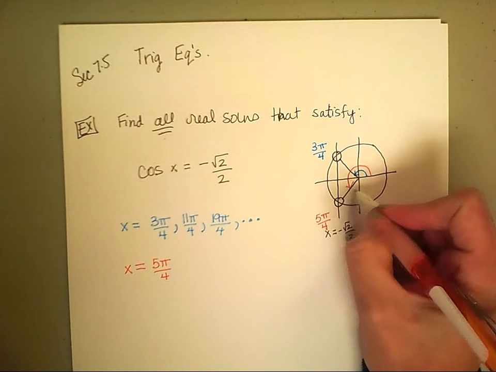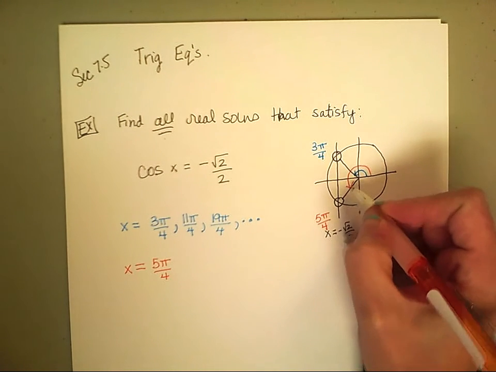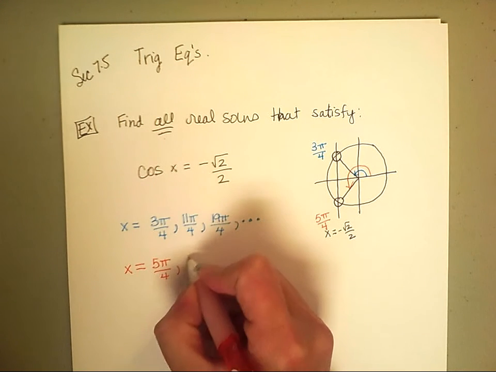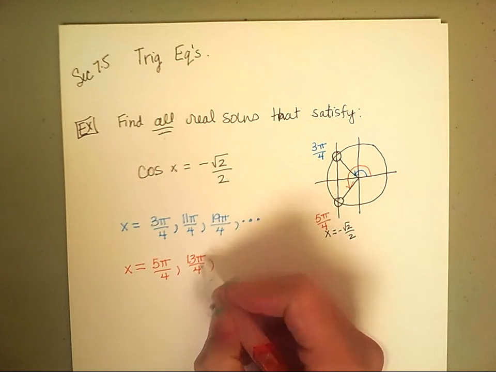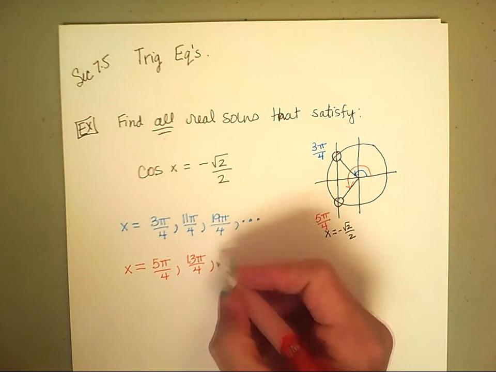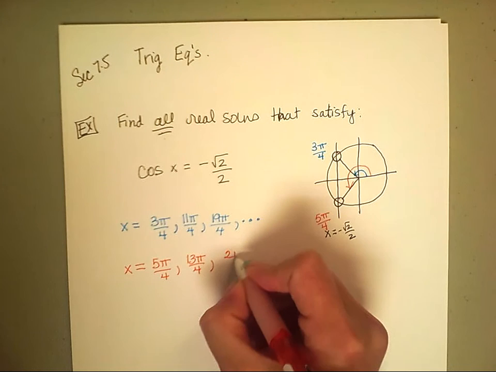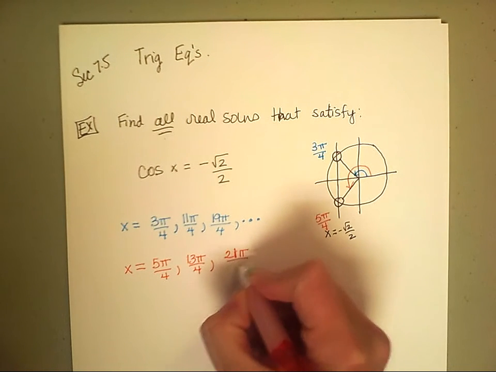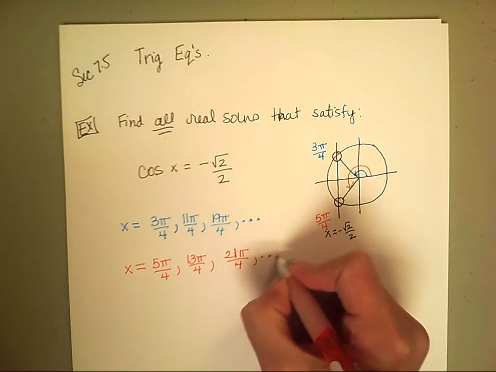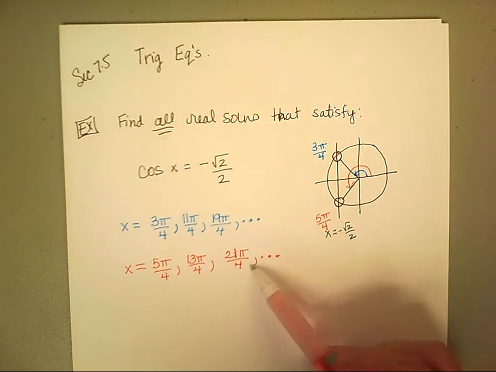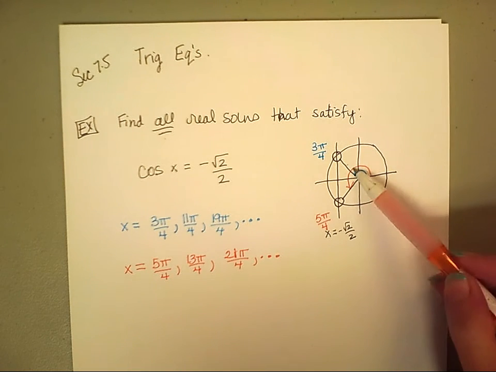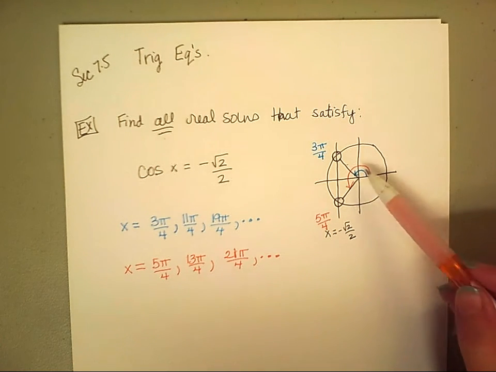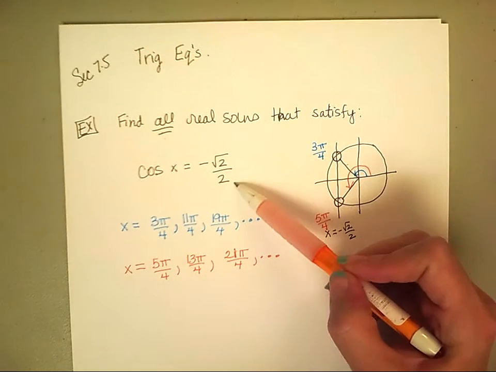But again, any looping, any coterminal angle, so another loop around, if I add 2 pi, we'll get 13 pi over 4. If I add 2 pi, that's like adding 8 pi over 4, I would get 21 pi over 4. And it would go on and on and on, an infinite amount. Again, no possible way for me to write all of these. And any negative rotation would satisfy this equation as well.